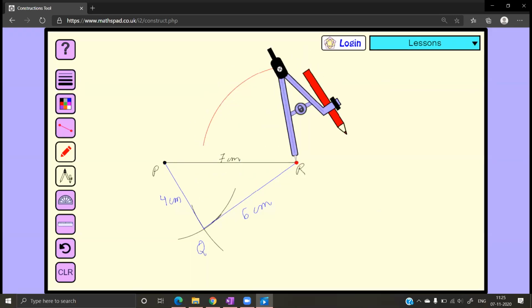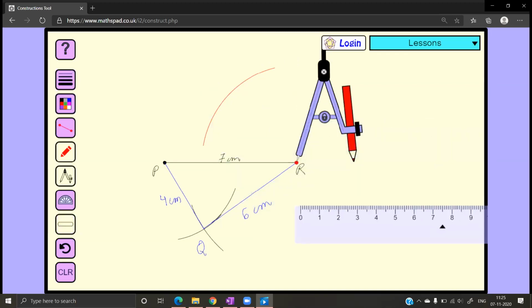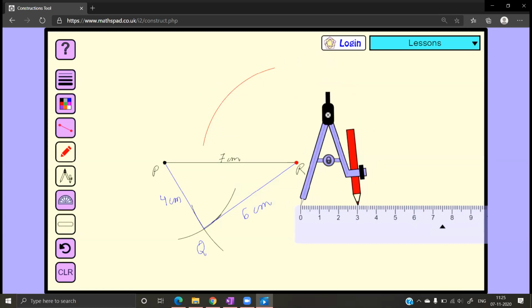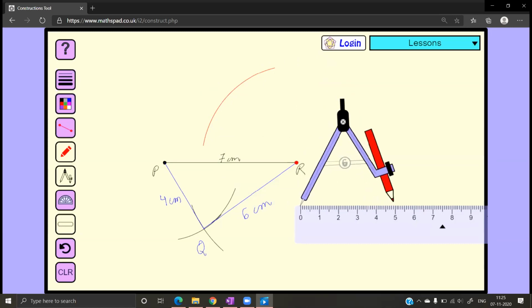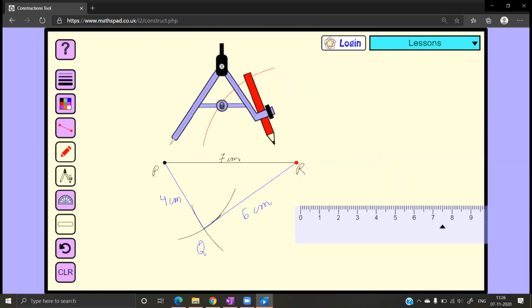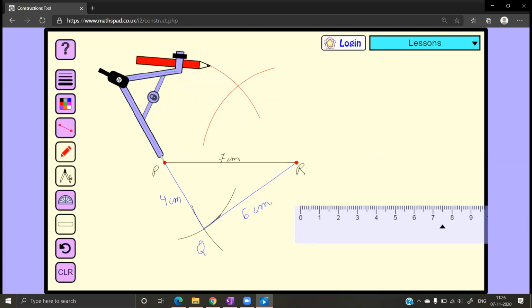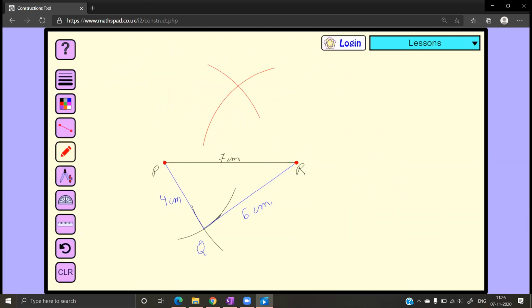And then from point P, I need radius 5.5 centimeters. Draw an arc, obtain the intersection. This will give you the fourth vertex, which is S. You join this with the endpoints of the diagonal and you obtain the quadrilateral.